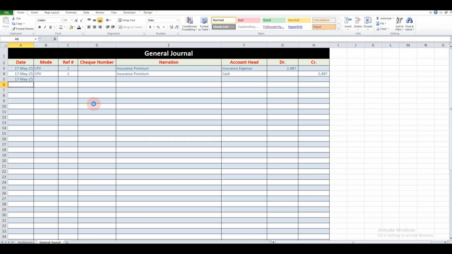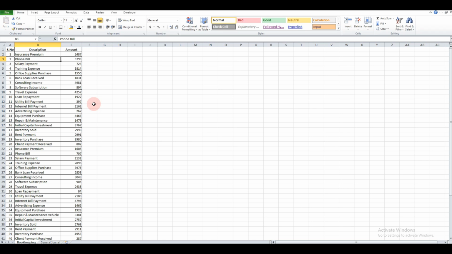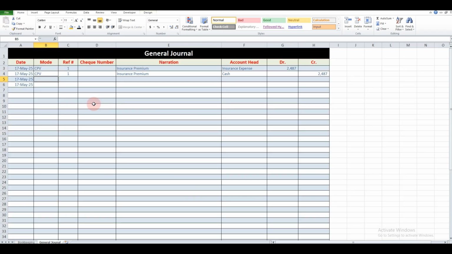Now the second entry, phone bill, it's also an expense. We have paid the phone bill.